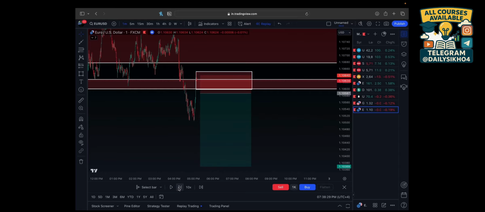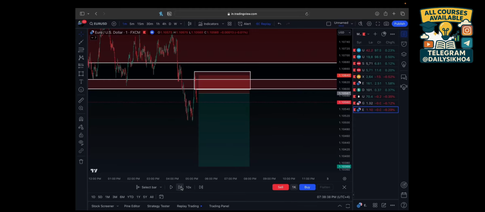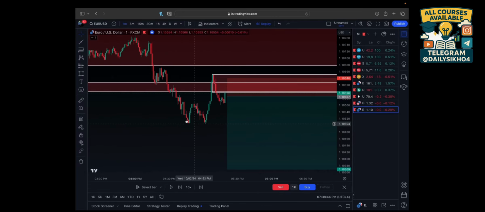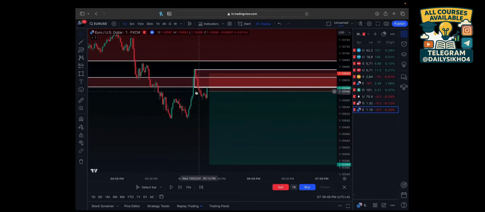Price comes up, takes out, and then there's a break of structure right here. So there's a break of structure again. So the valid entry, there's this particular structure where my entry should have been, right?